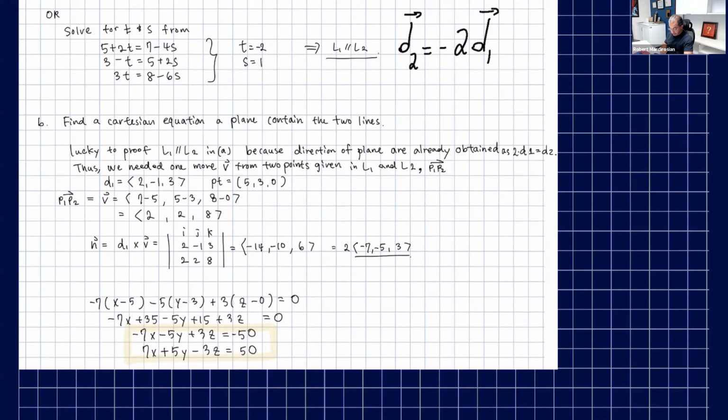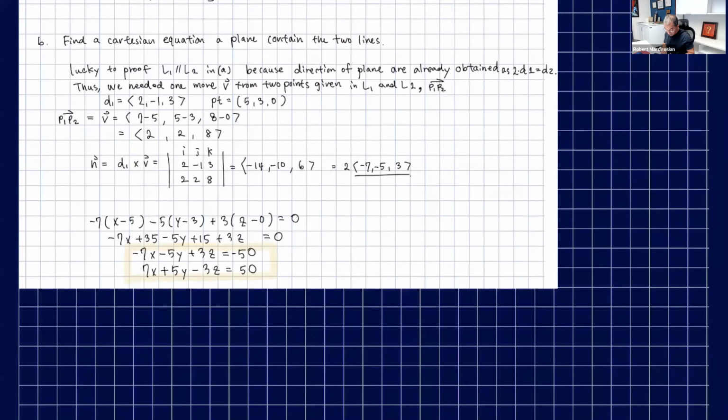If you take D1 and cross it with V, that vector, then you're going to get a vector that is perpendicular to D1 and D2 at the same time, and that's the normal vector. So you can take the components of that vector and the coordinates of one of the points and say -7 times (x minus 5), minus 5 times (y minus 3), plus 3 times (z minus 0).